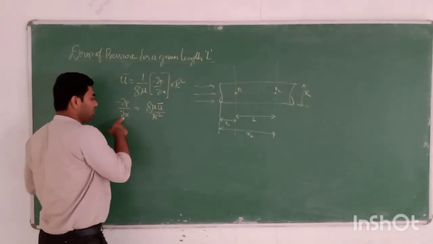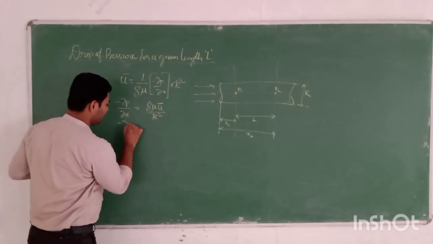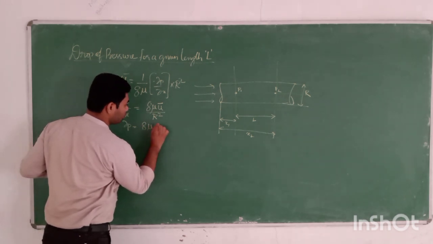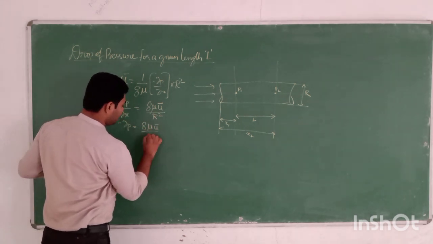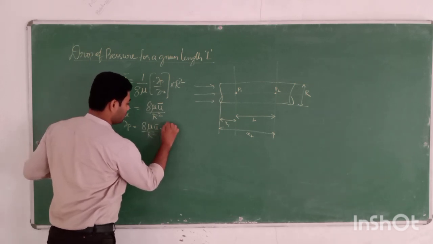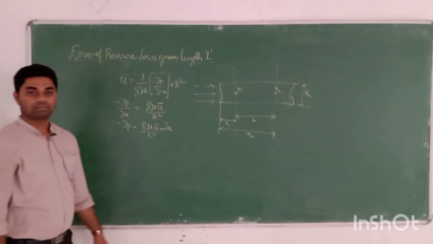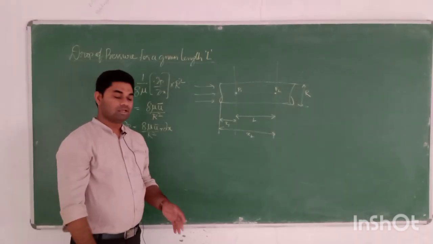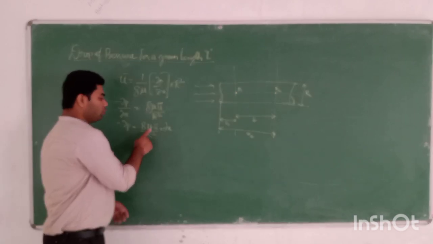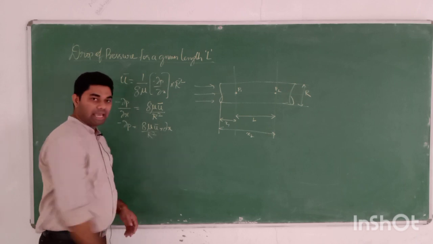If we send this dx to the other side, it becomes minus dp equals 8 mu u bar by r square into dx. So dp is 8 mu u bar, the average velocity, by r square into dx.